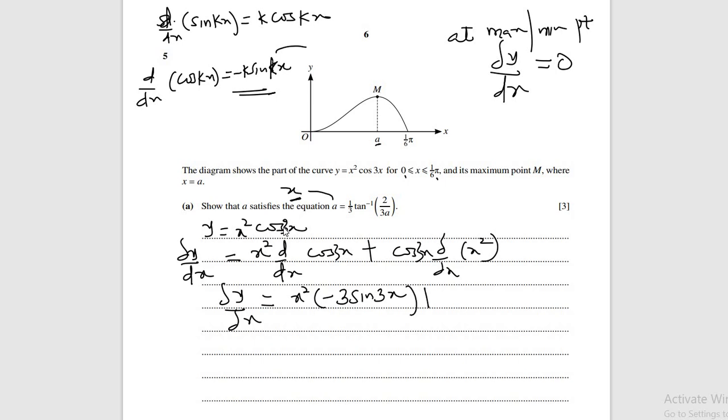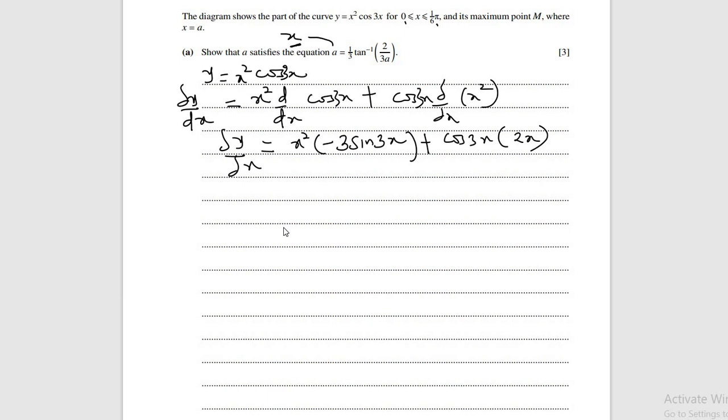So plus cos 3x. When you differentiate x squared, what do you have? 2x. Remember that at the maximum point, dy/dx is 0. So we're going to put this equal to 0: minus 3x squared sin 3x plus 2x cos 3x equals 0.